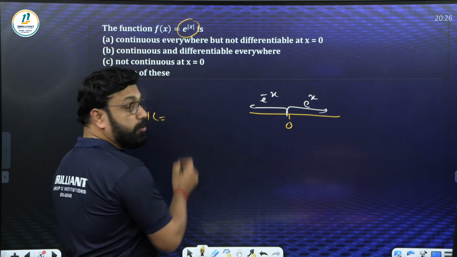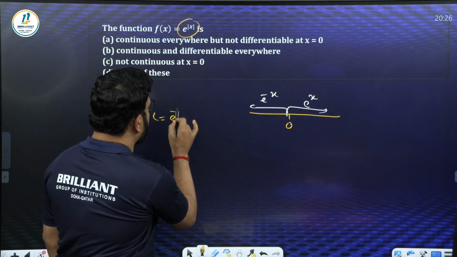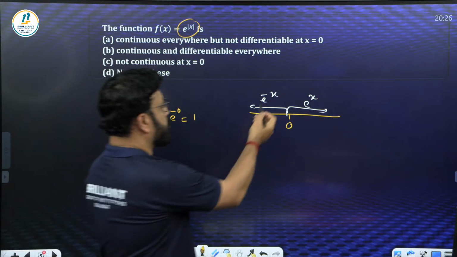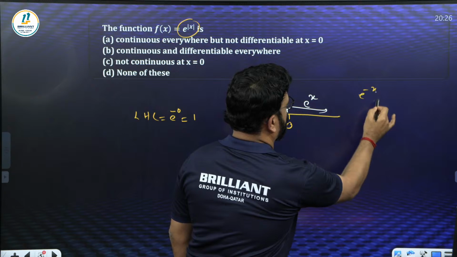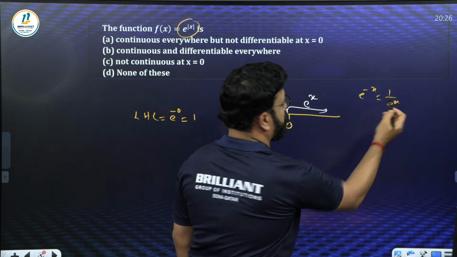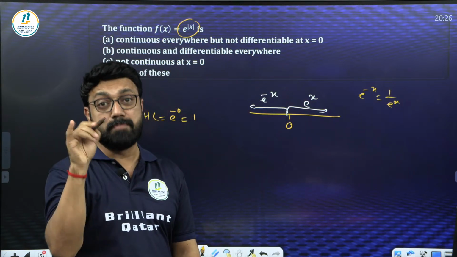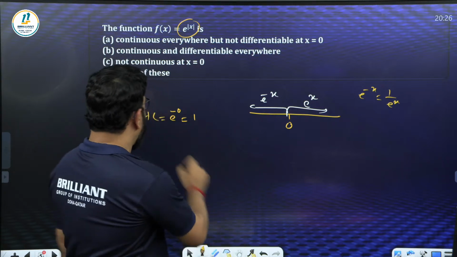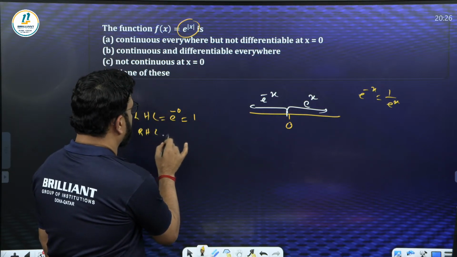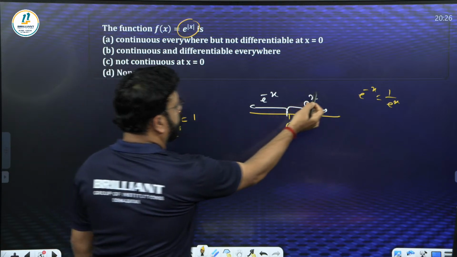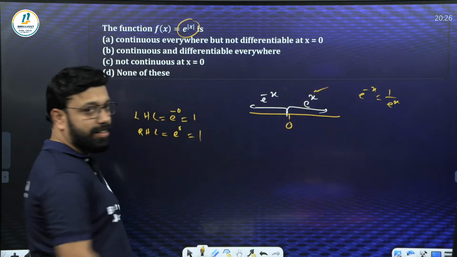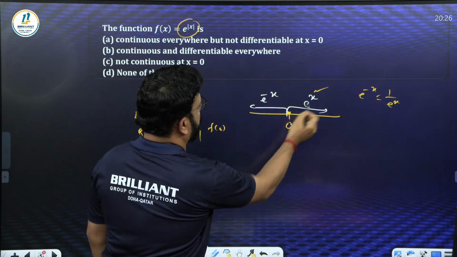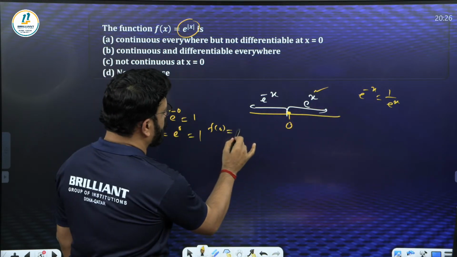So here LHL equals, substituting, e raised to minus 0, minus or plus no problem, 1 by e raised to 0, 1 by 1, which is 1. Then RHL equals e raised to 0, substituting, equal to 1. f of 0, for x greater than or equal to 0, e raised to 0 goes to 1 again.